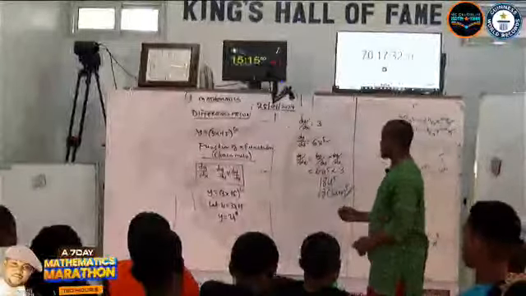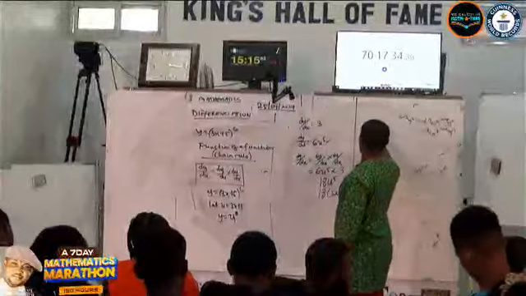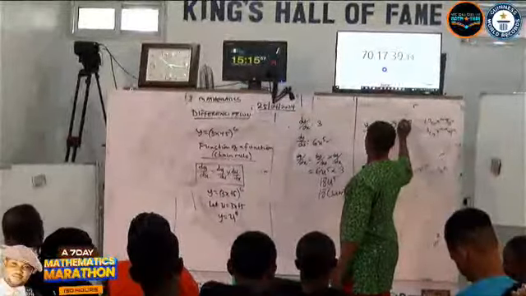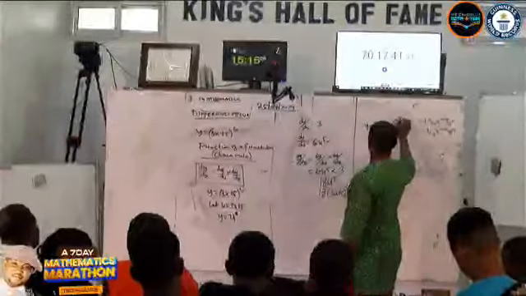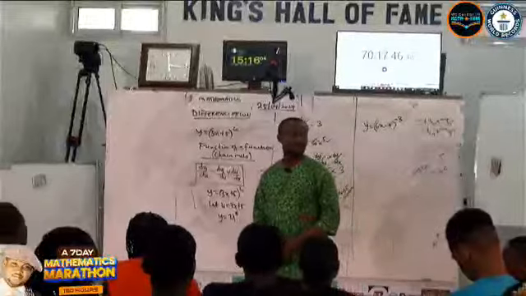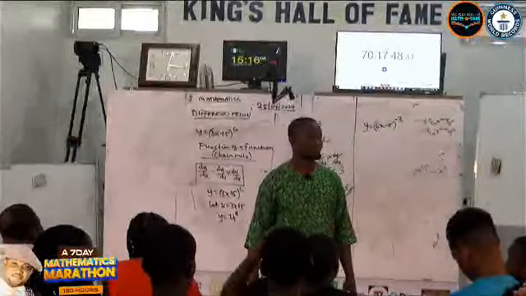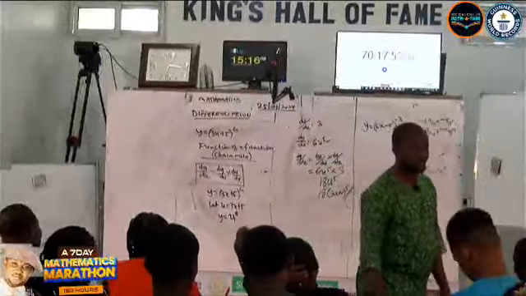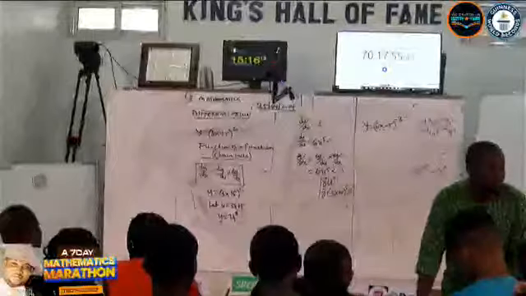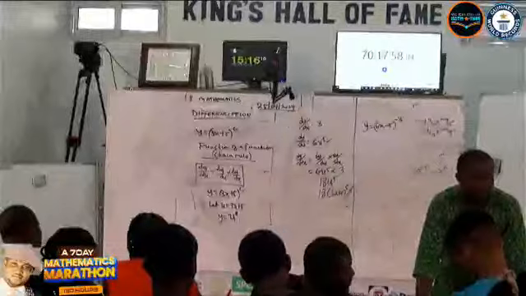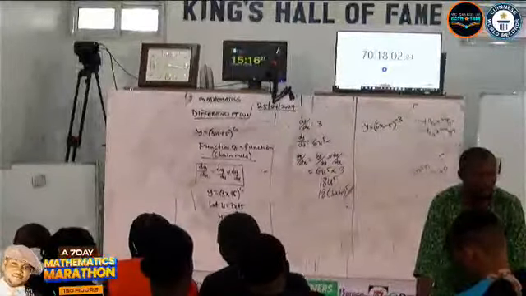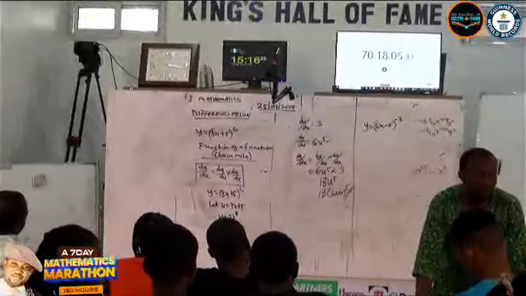So I want you guys to solve this for me: y equals (6x minus 5) to the power of minus 3. Let them solve.